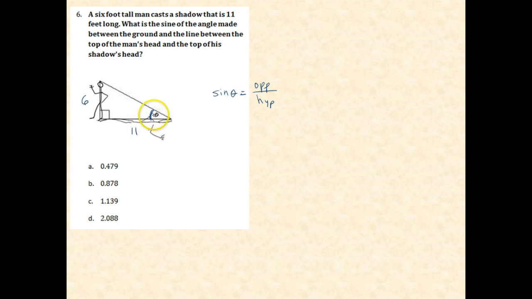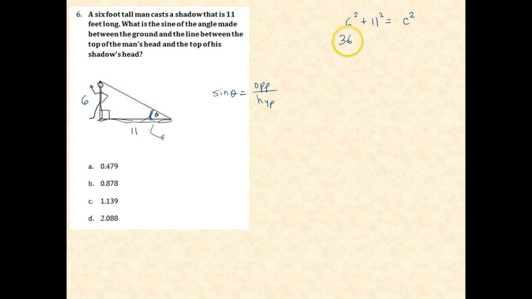So opposite is 6, hypotenuse is, well, we don't know yet, but we can use the Pythagorean theorem to find out. Legs squared plus legs squared equals hypotenuse squared. So 6 squared plus 11 squared equals c squared. A squared plus b squared equals c squared.